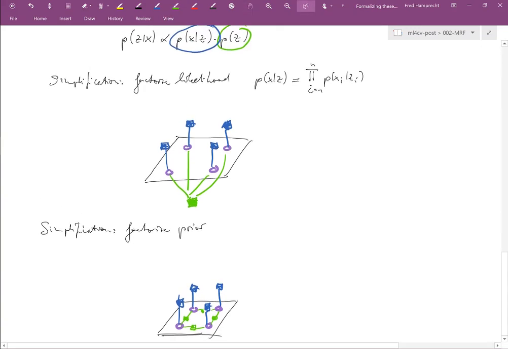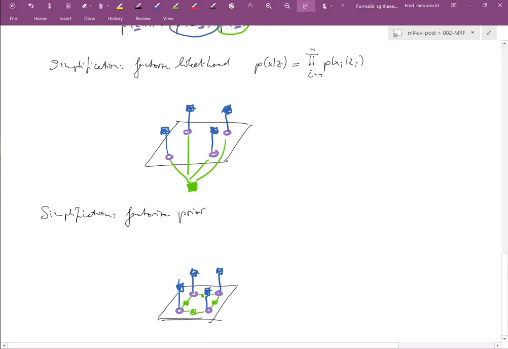So to color code what I have here, my z's were purple. And by writing this as a product, in terms of the graph, I just say that these factors act on the same set of random variables.